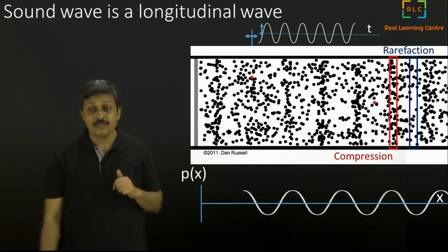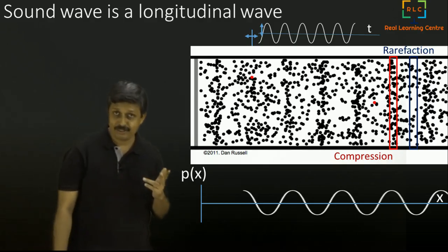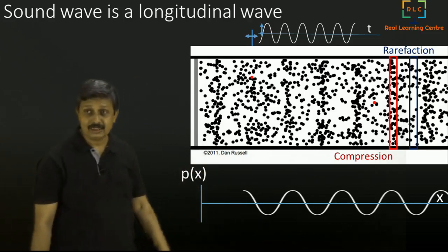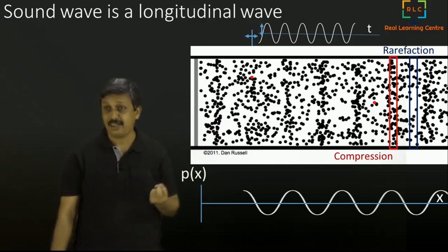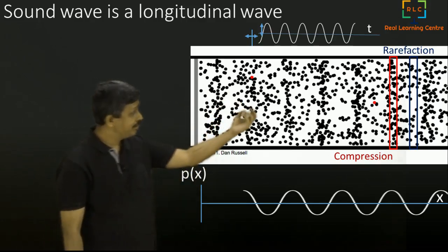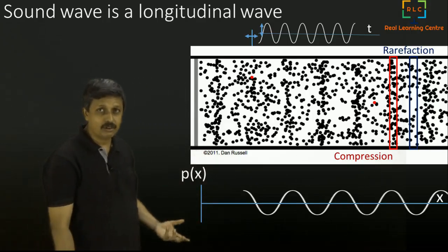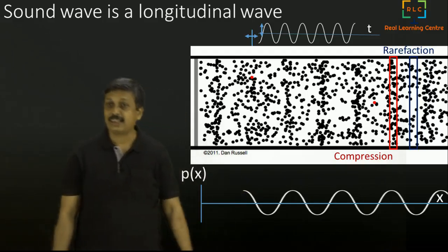Now if I plot those compressions and rarefactions with respect to space, wherever the compression is higher, the pressure is high. Wherever there is rarefaction, the pressure is less. So we can plot pressure versus x.